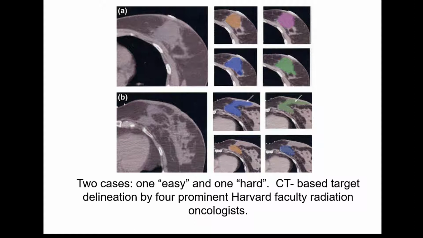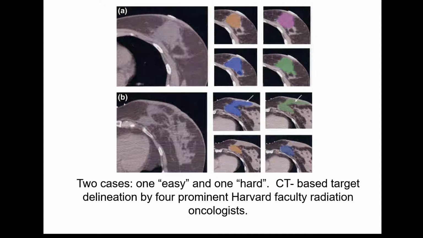And this study that was done about 10 years ago, one of my favorite studies from a group of my colleagues at Harvard, looked at several cases. These were all expert breast radiation oncologists, and they were given a series of cases. And the two examples here, the upper panel being the easy case, and the lower panel being the more difficult case.